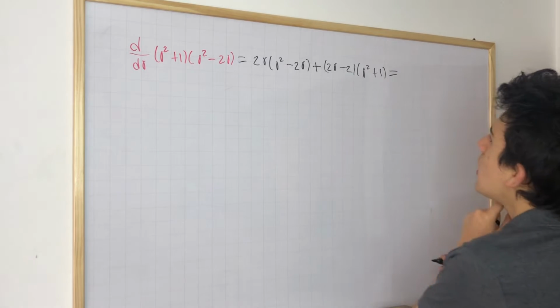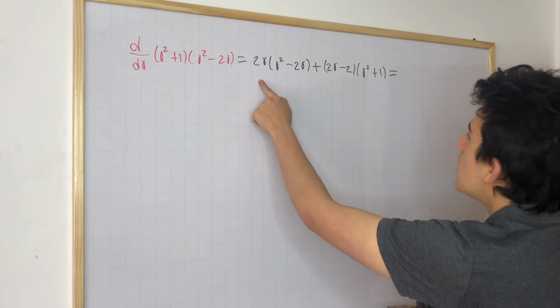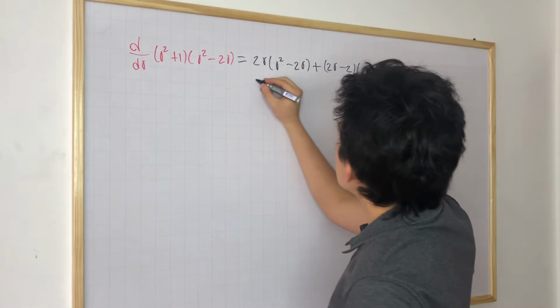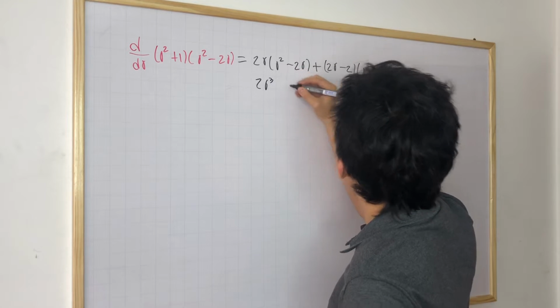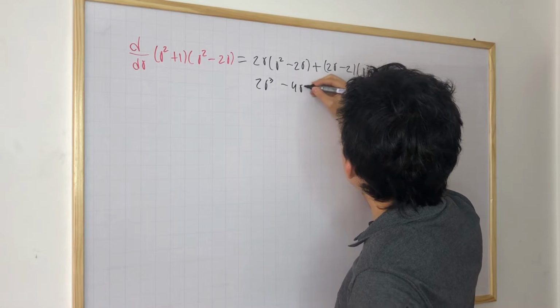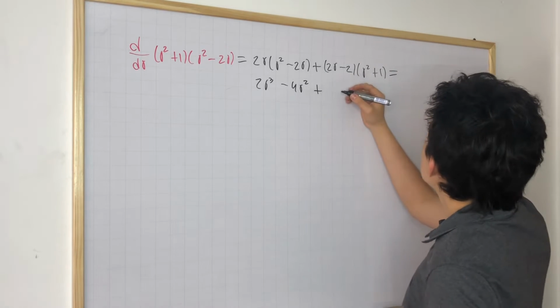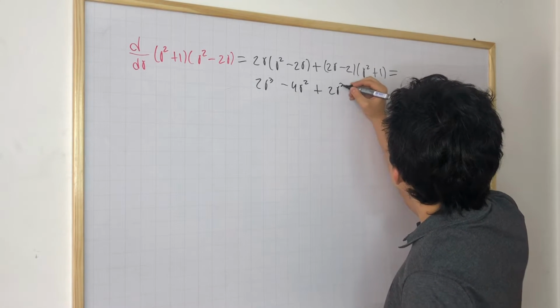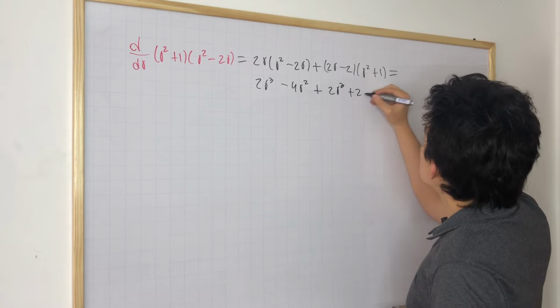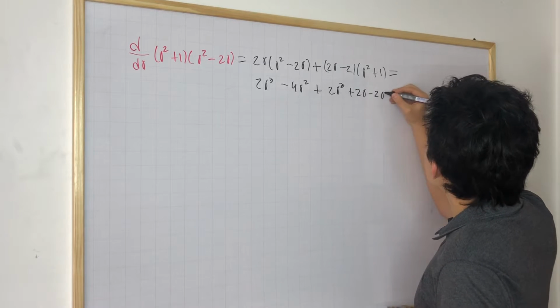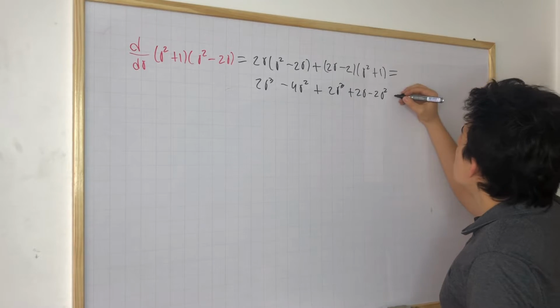And now let's multiply everything. We're going to get 2r cubed minus 4r squared plus, for this one we need to FOIL, so we get 2r cubed plus 2r minus 2r squared minus 2.